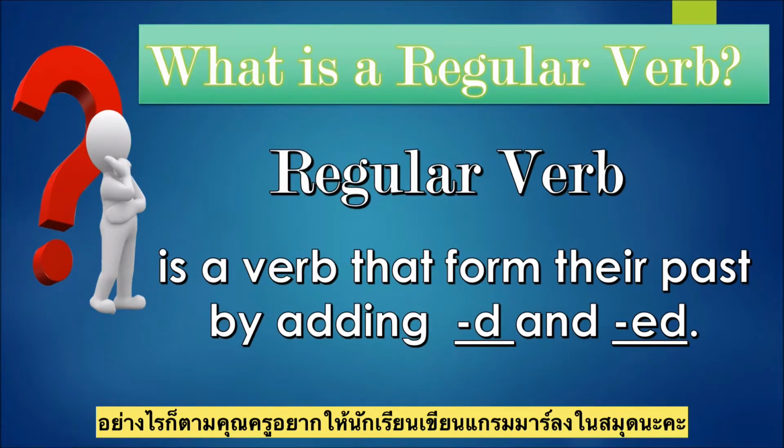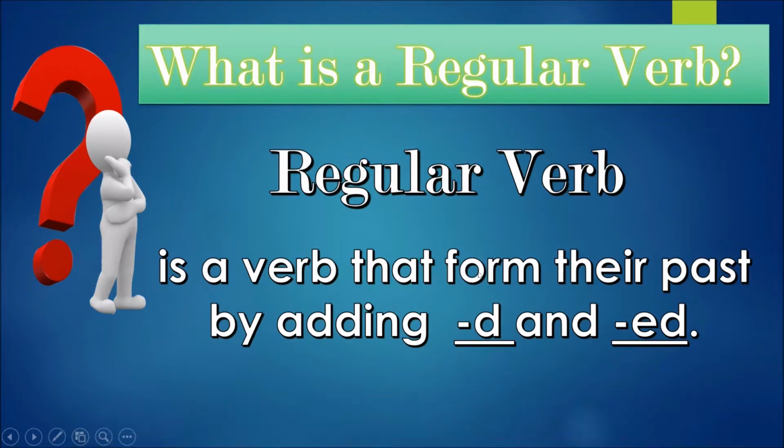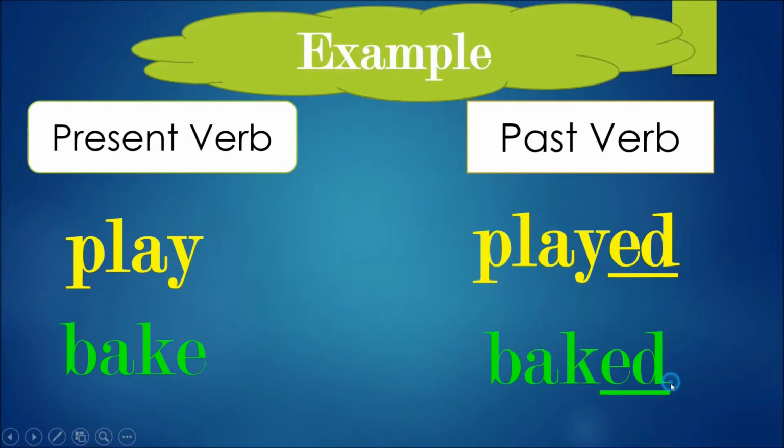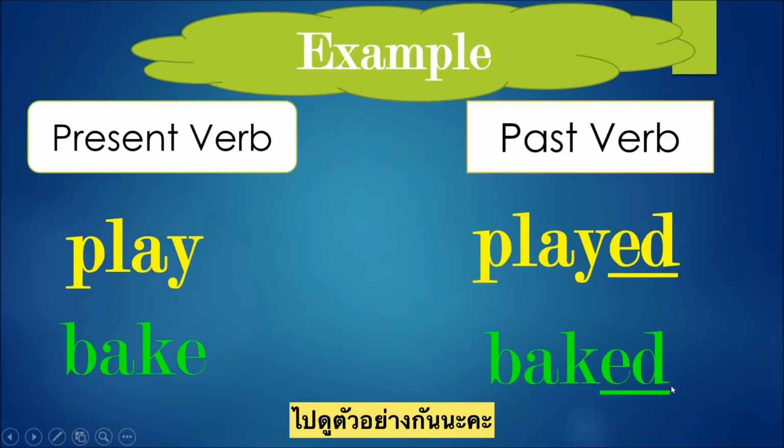By the way, I want you to write the grammar in your notebook, okay? Last week you had to write it too, and also today you are going to write this. Regular verb is a verb that forms its past by adding d or ed at the end of the word. Okay, so let's have an example.